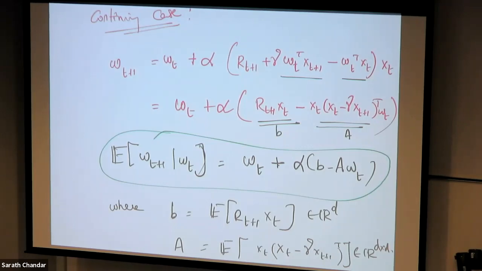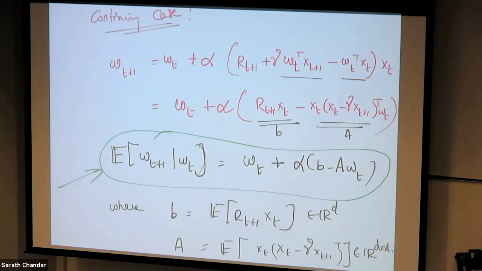Solve the linear equation. Okay, but we are doing gradient descent here, so we are not solving the equations. I keep updating W. When would I say that this algorithm has converged? When there are no more changes, right? In other words, when I apply this expected update again and again, I will reach a point where WT is equal to WT plus 1.